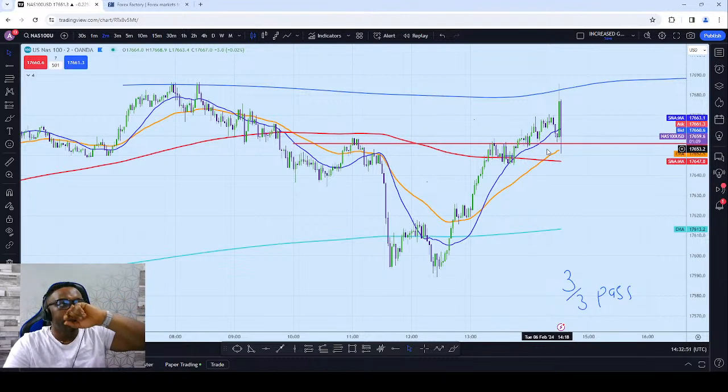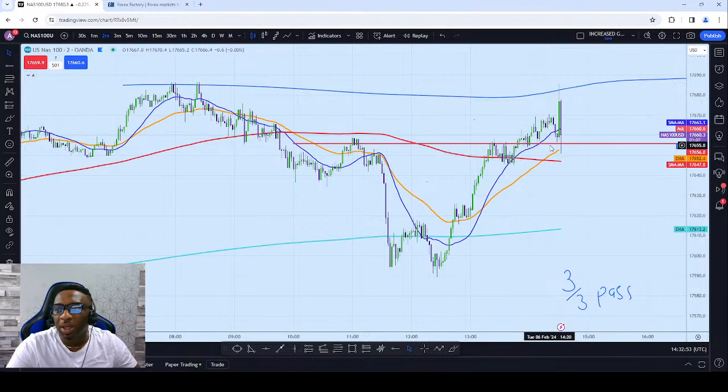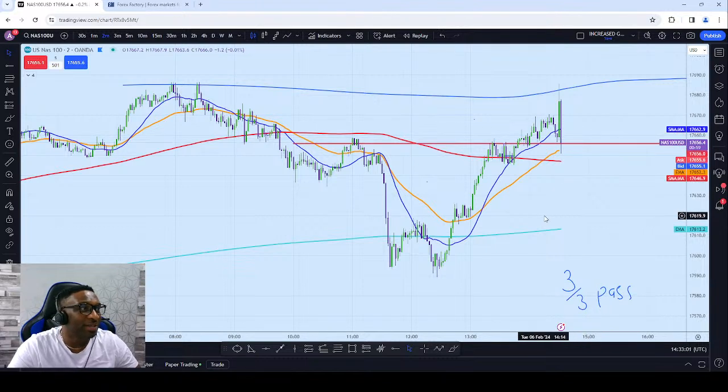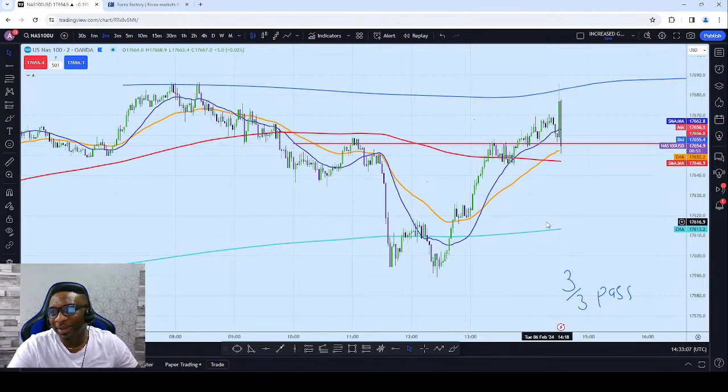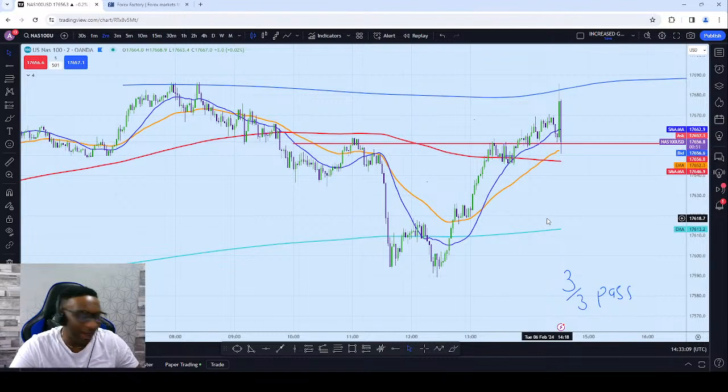Yeah, so now the market is opened and there's these crazy moves going on. So in order not to get burned, you can stay away from it, or if you want to take advantage, you could reduce your lot size and then pick up a position, but I wouldn't recommend it anyway.